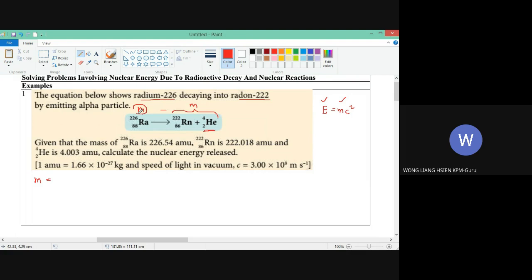So the radium 226.54 minus 222.018 plus 4.003.